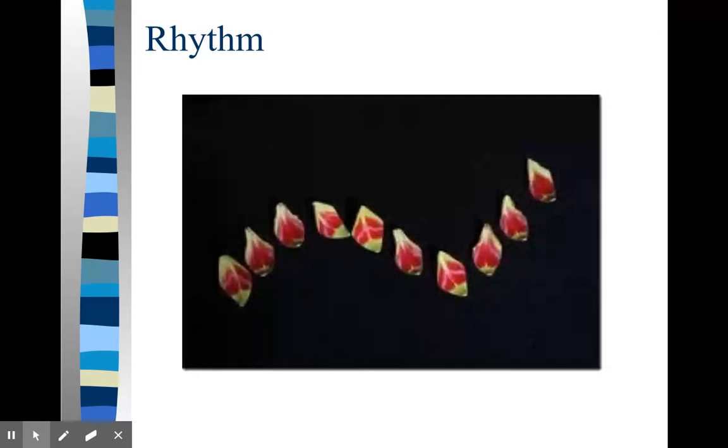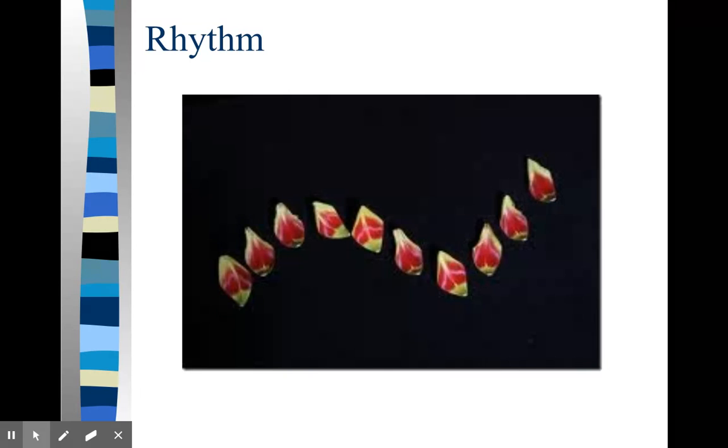If you see an object repeating over and over again, and it takes your eyes through the piece of art, that is rhythm. So when I showed you the picket fence back when we were talking about movement, that was an example of rhythm as well, because it was something that repeated and caused our eyes to move.